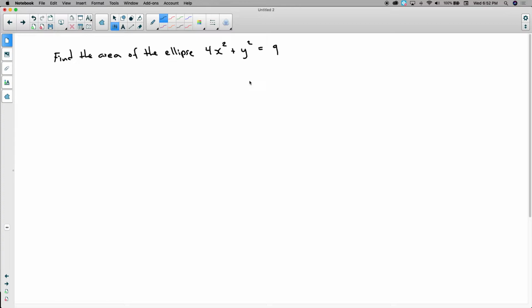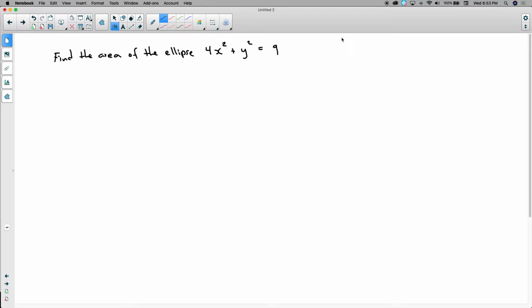Okay, so that's nice in the sense that it doesn't involve any fractions and it's easy to solve for y, but is not nice in the sense that it doesn't really give us a visual on where the ellipse is. So I'm going to start with that.